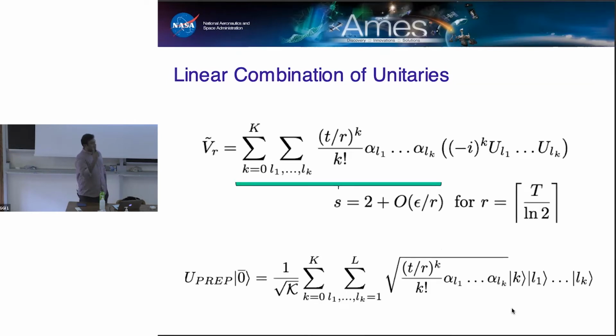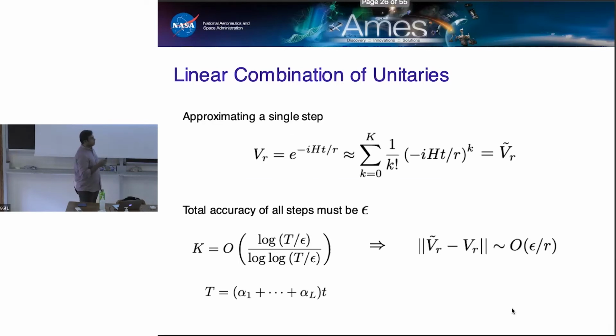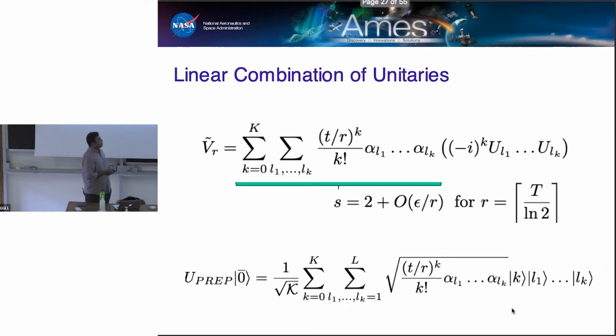So that was one condition for oblivious amplitude amplification: whatever operation we want is going to be some approximation error close to some unitary. And also we want the sum of those coefficients s to be epsilon over r close to 2. That can be satisfied by choosing the number of segments r to be roughly order capital T.